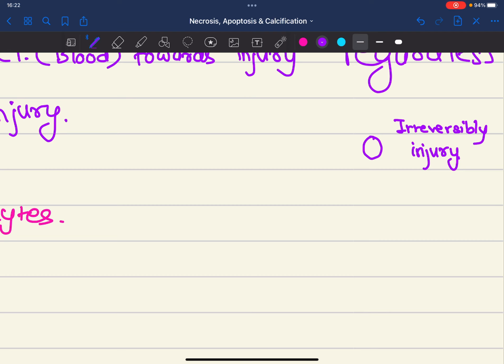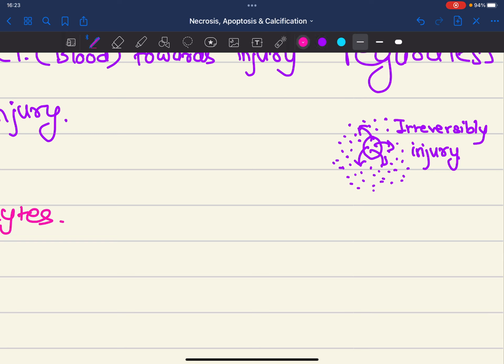This cell will be irreversibly injured and it will leak out its content outside. Then what happens? The other surrounding tissue will also be injured. Then there are many offending agents. Now they need to be managed, they need to be taken care of.